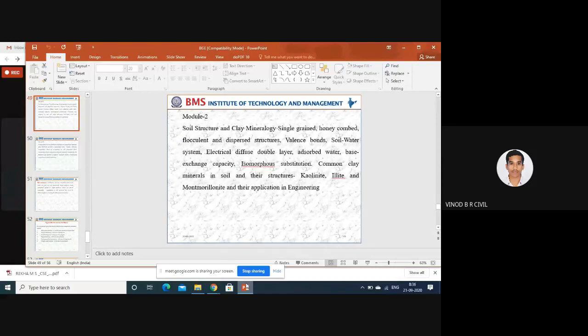In clay mineralogy we already discussed different types of grains like single grained, double grained and triple grained soils, and honeycomb structures, where the soil structure appears like a honeycomb or sponge, and different types of bonds, such as valence bonds, single bonds, the double diffuse layer, and water absorption capacity, how much water each soil can absorb.